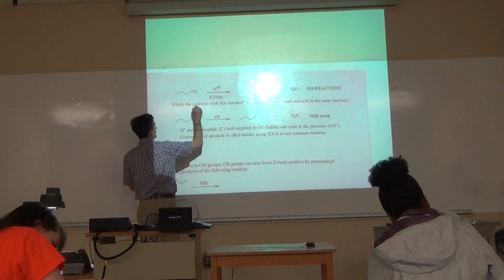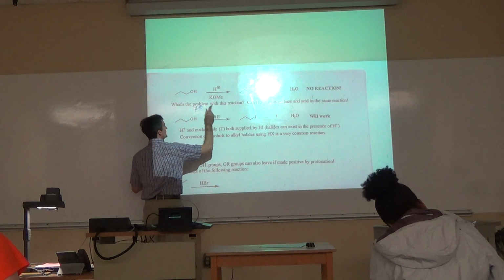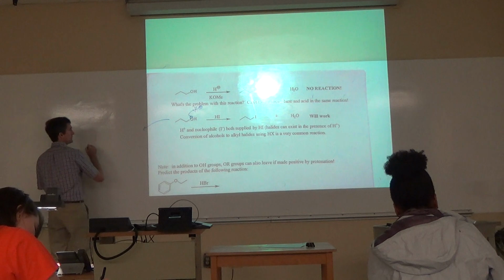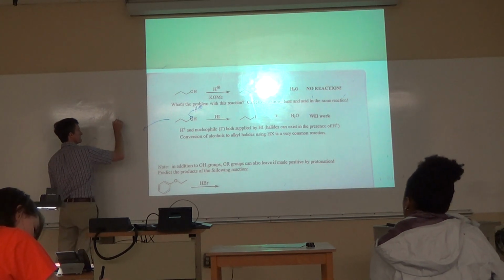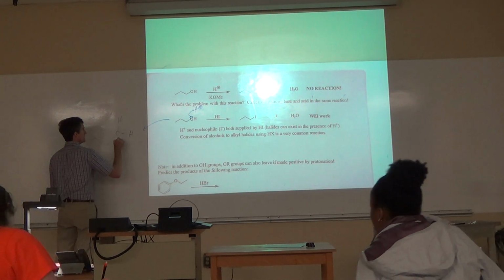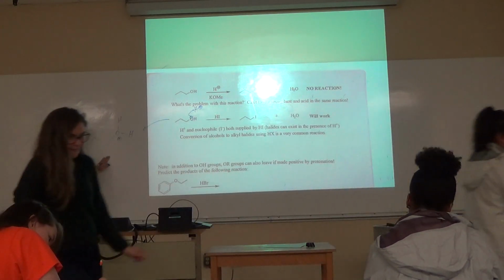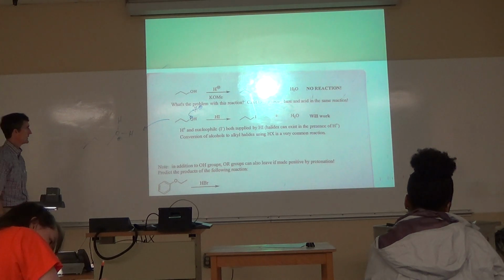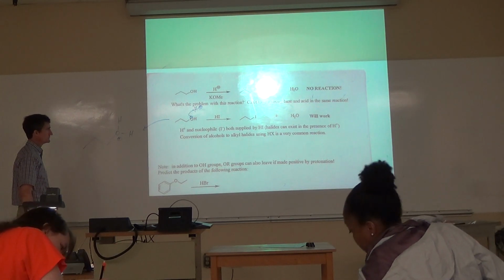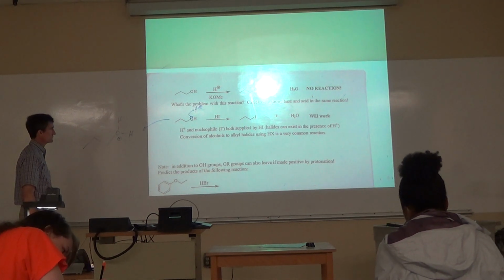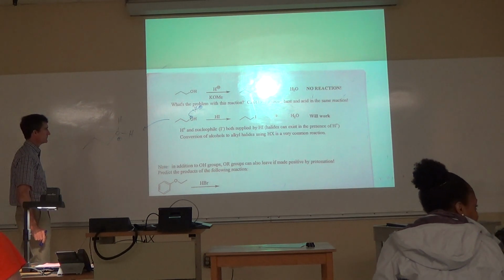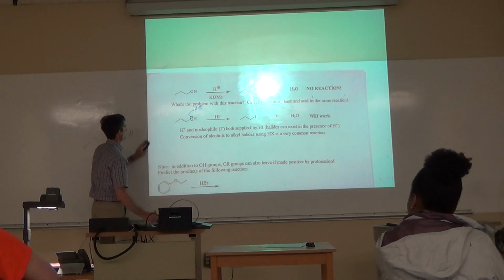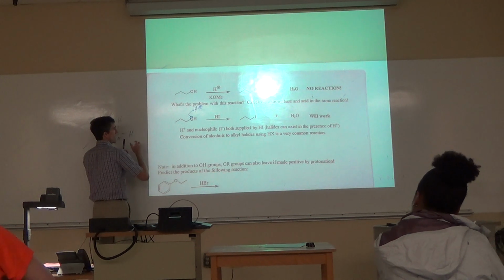Okay, we've got H plus because we have a strong acid with HI. We can just show it ionized. We can protonate the alcohol. Now, when you do a mechanism, you don't have to consider equilibrium here.